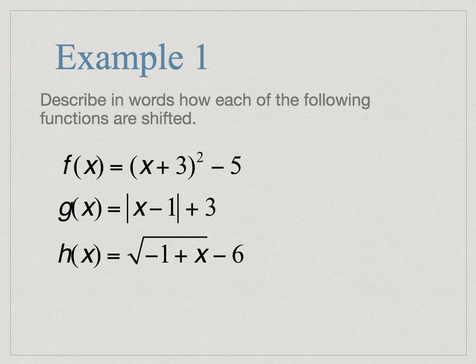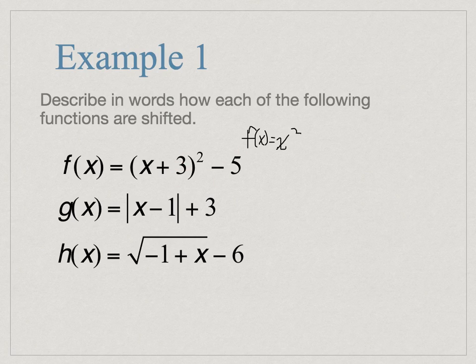So if you want to describe in words how each of these functions are shifted, well, for f of x, we would see the base graph. That's what we have to determine first, right? So f of x would be x squared. So you can see here that the numbers that are different from my base graph are this 3 and this negative 5.